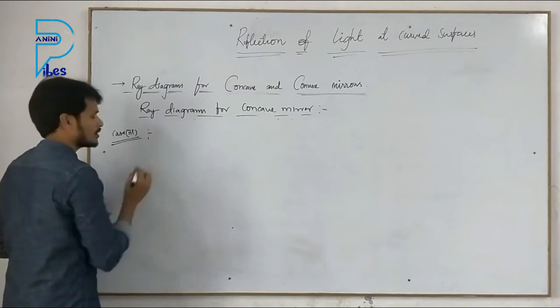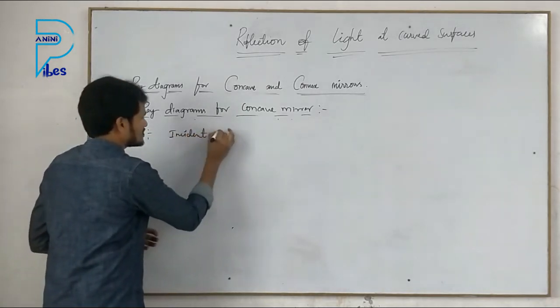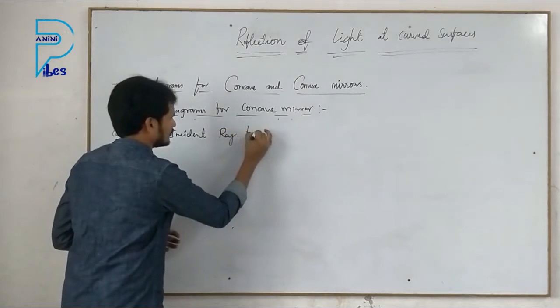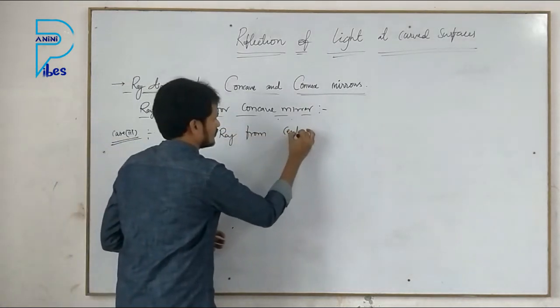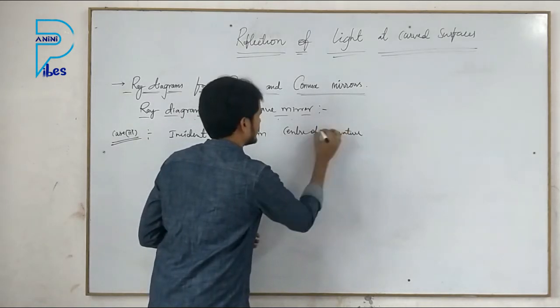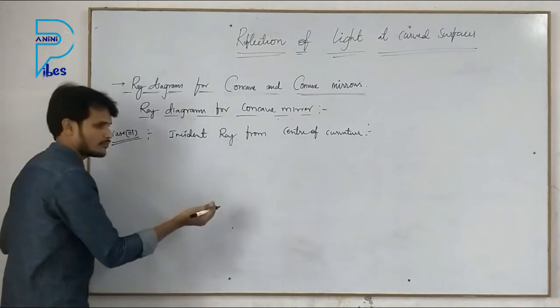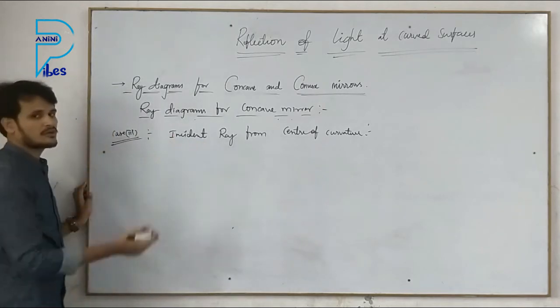Case 3 is the incident ray from the center of curvature. Let's see what happens if the incident ray passes through the center of curvature.